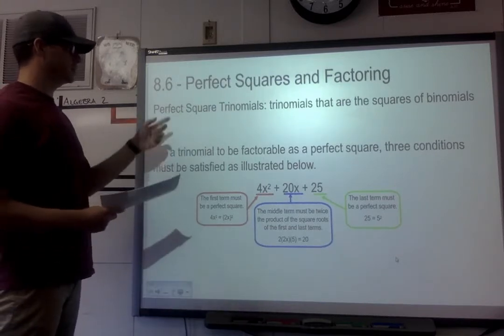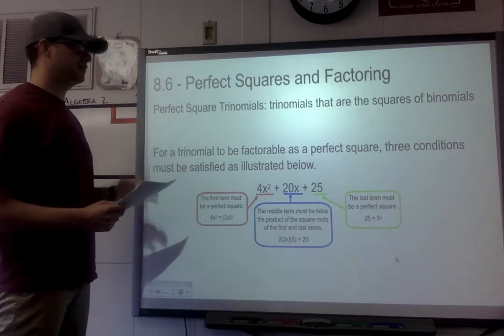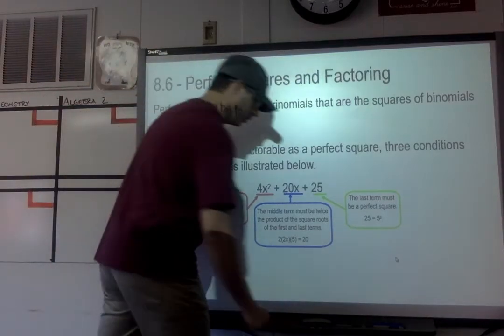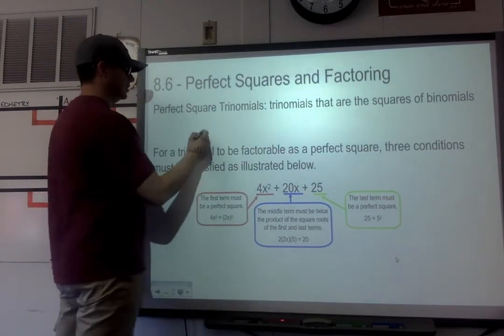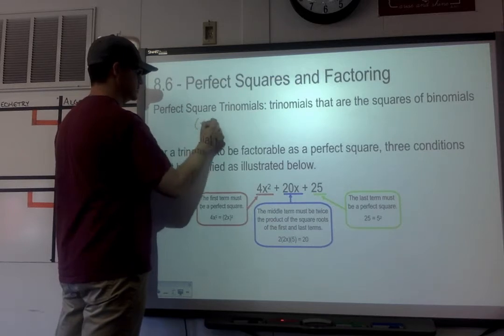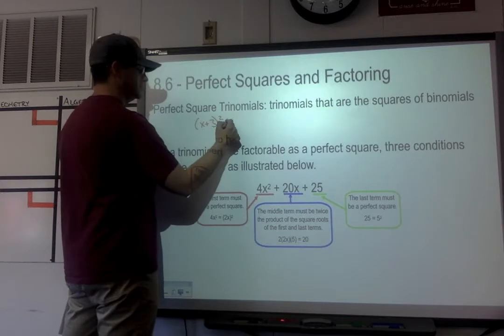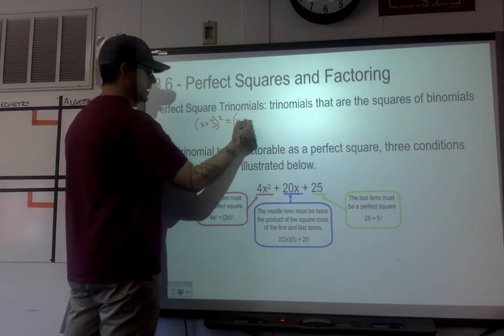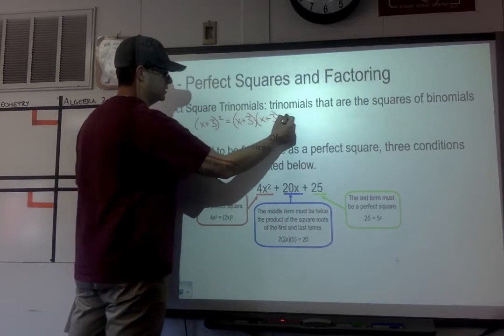A perfect square trinomial is a trinomial that is the square of a binomial. So what that means is if I have the square of a binomial, that's going to be something like x plus 3 squared. Now when I do that, that's the same as saying x plus 3 times x plus 3.